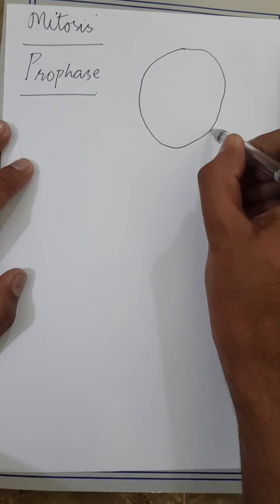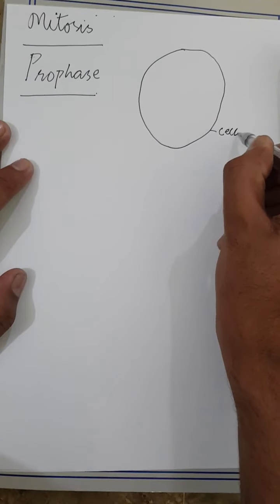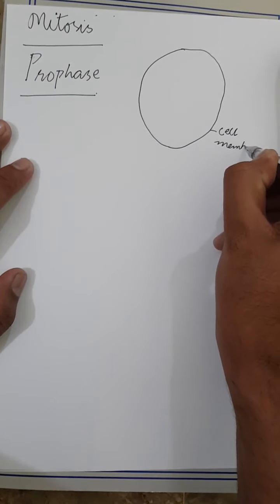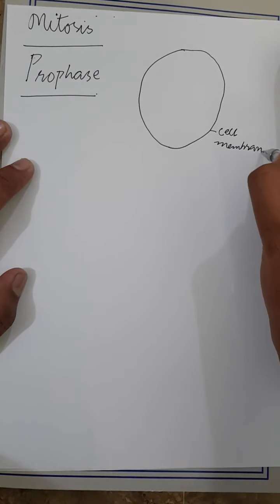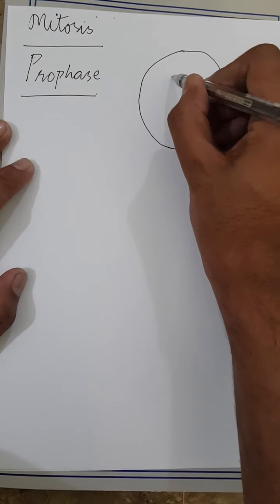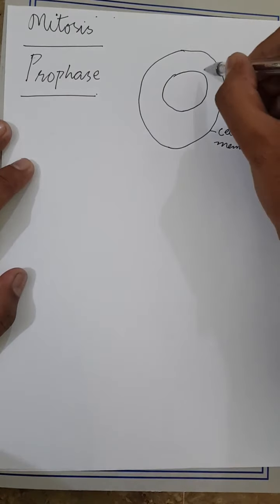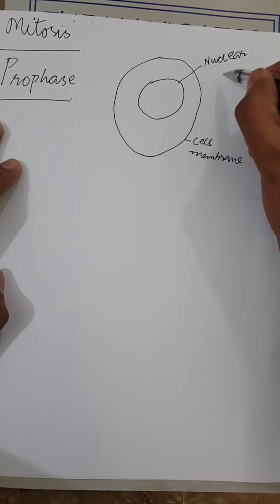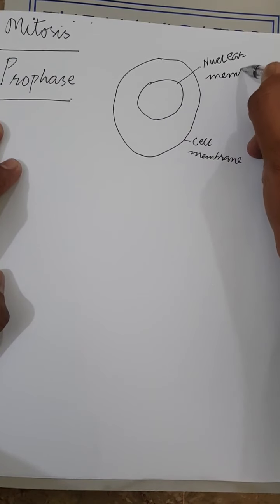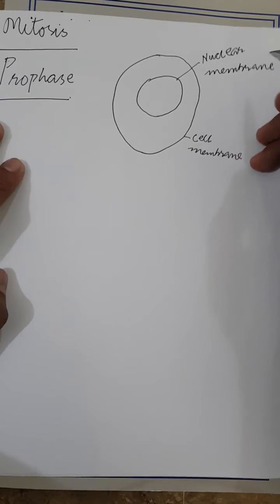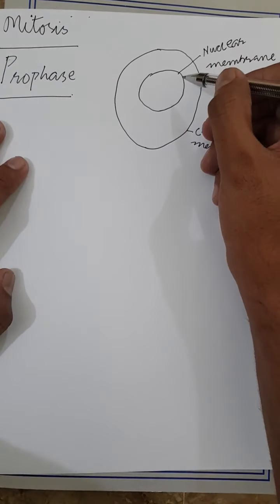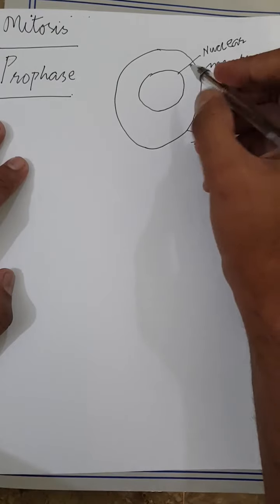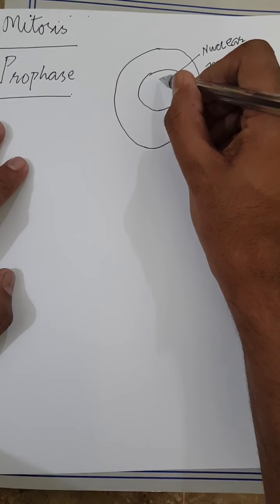This is called the cell membrane. This is called the nuclear membrane. Inside a nucleus, we have discussed a lot of times, there are certain things.